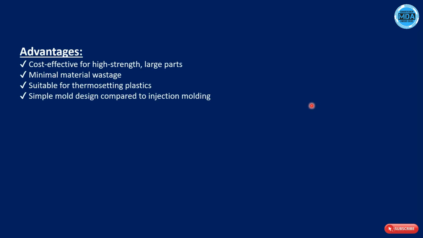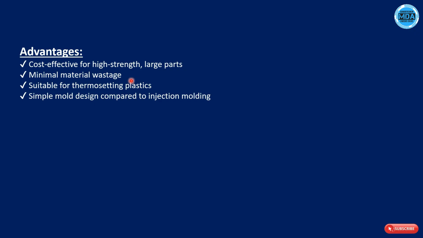Now the advantages of compression molding: it is cost effective for high strength and large parts, and there is minimum material wastage, because in compression molding we are generally not allowing excess flash, or the flash is less.